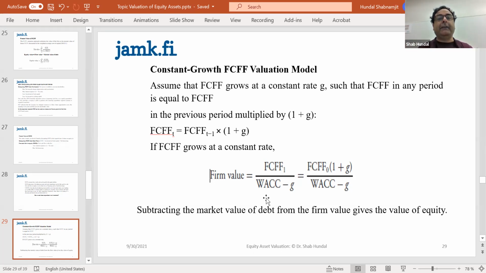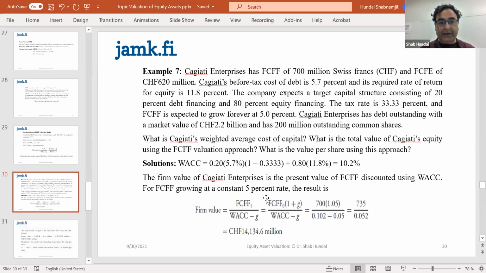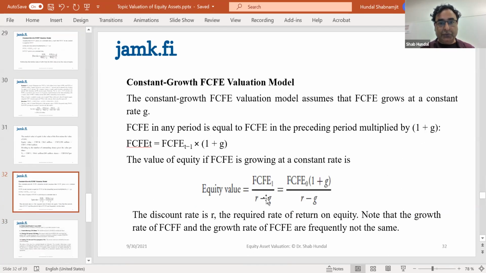Now, please don't say that you don't know what the weighted average cost of capital is.